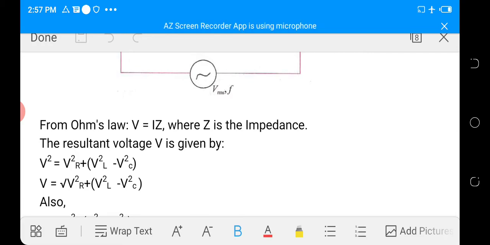We can now get V by finding the square root of this expression. But take note, VL comes before VC because VL is assumed to be greater than VC. But if VC is greater than VL, VC comes before VL, and the formula translates to V is equal to the square root of VR squared plus VC minus VL, squared.